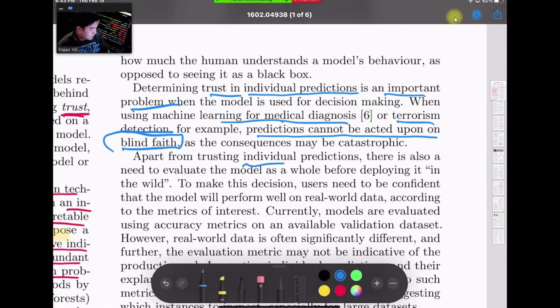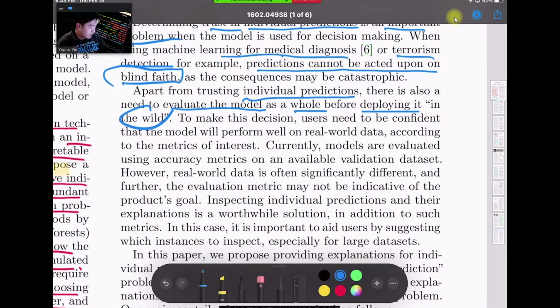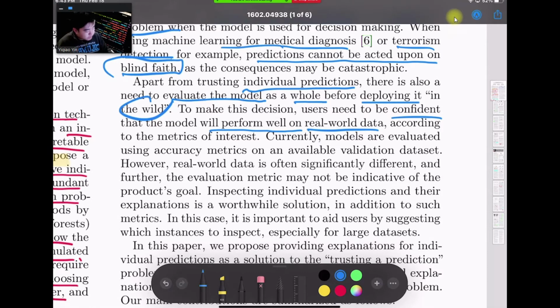"Apart from trusting individual predictions, there's also a need to evaluate the model as a whole before deploying it in the wild." Yeah, that's exactly true. We talked about that. "To make this decision, users need to be confident that the model will perform well on real-world data according to the metrics of interest."